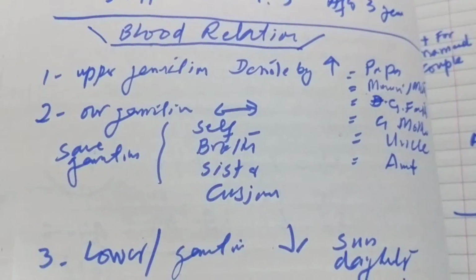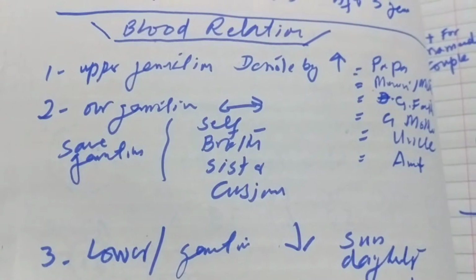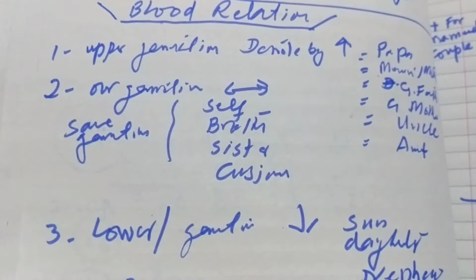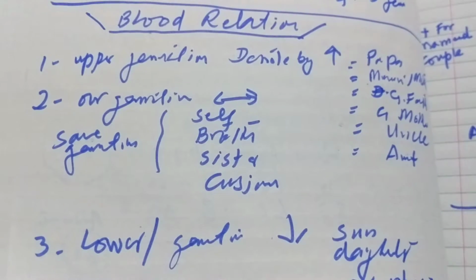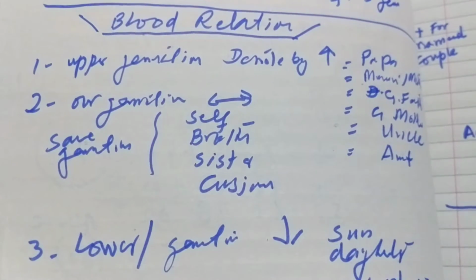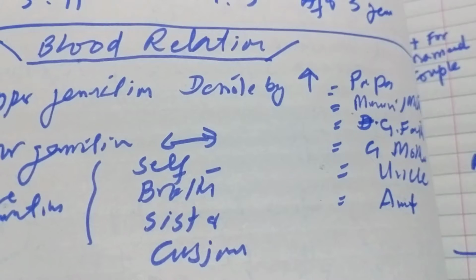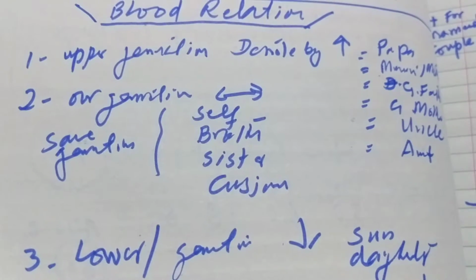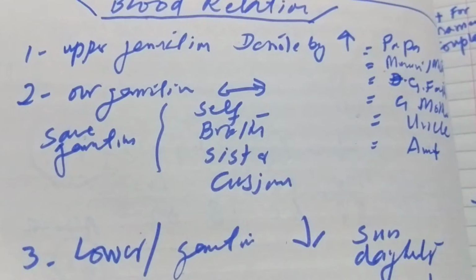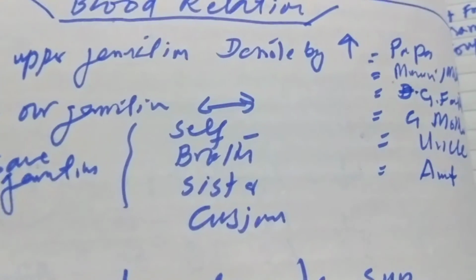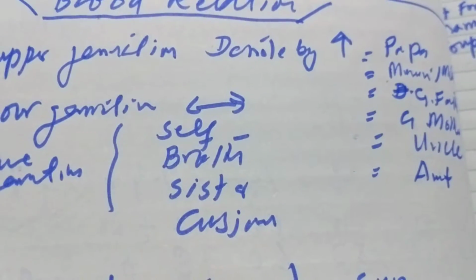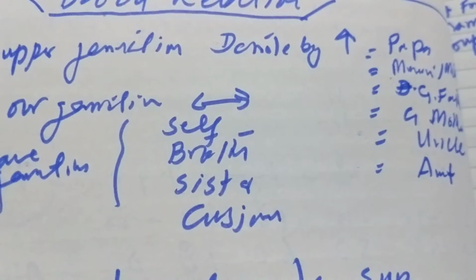Now come the blood relation questions. Some information for solving these types of questions: upper generation is denoted by an upward arrow, whereas the same generation, like self, brother, sister, cousins, is denoted by a straight arrow.